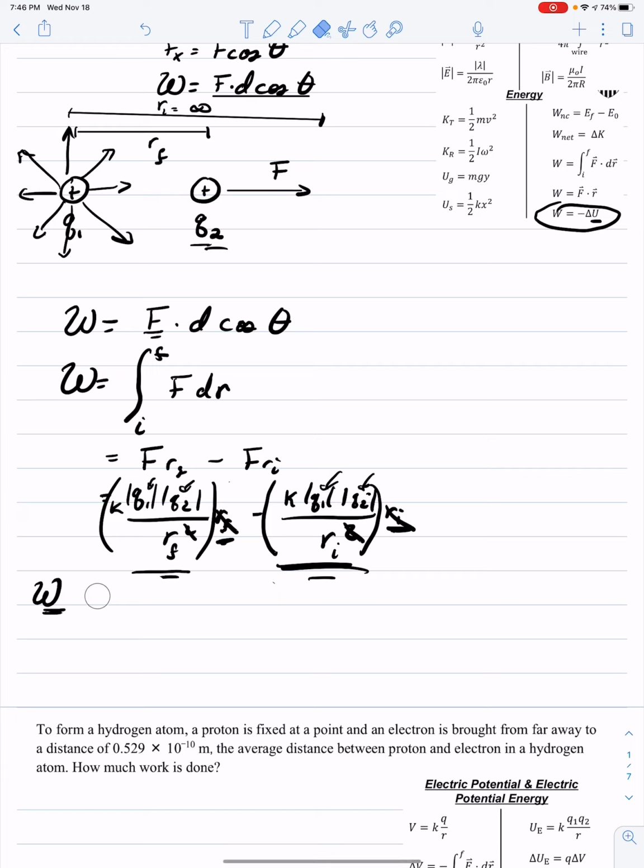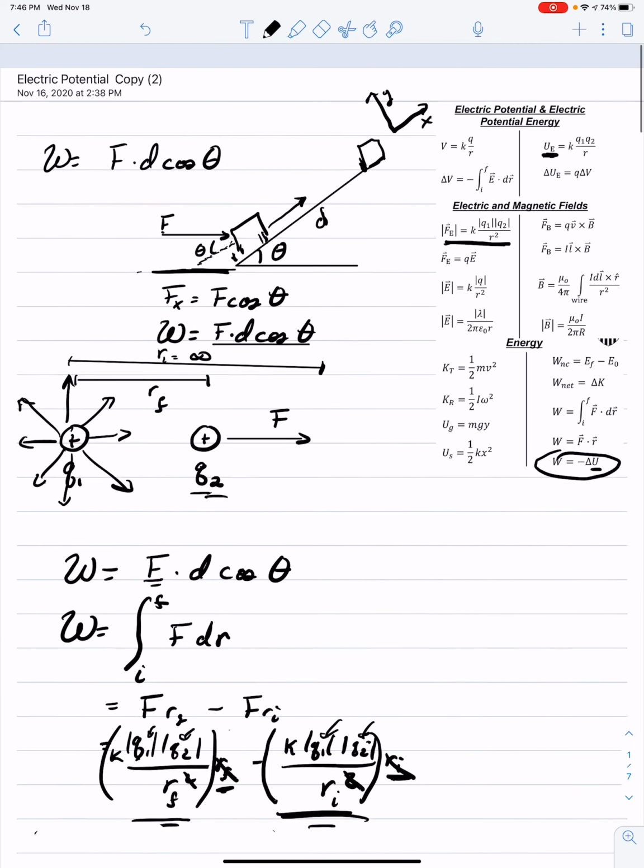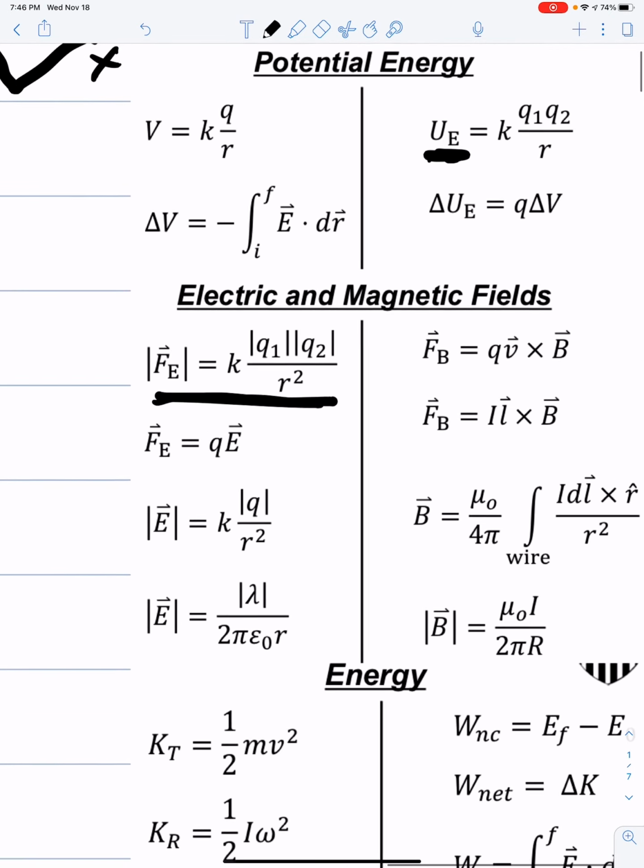In actuality, if you wanted to take it the other way, you definitely have to consider that, because notice that in this equation they don't have absolute values.